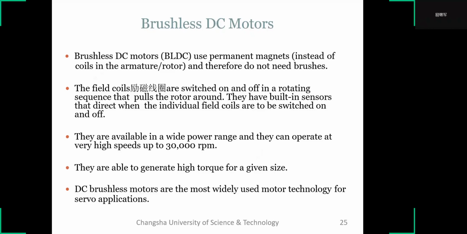As we know, the disadvantage of the DC motor is the brush. So we have the brushless DC motor. Brushless DC motors use permanent magnets and therefore do not need brushes.